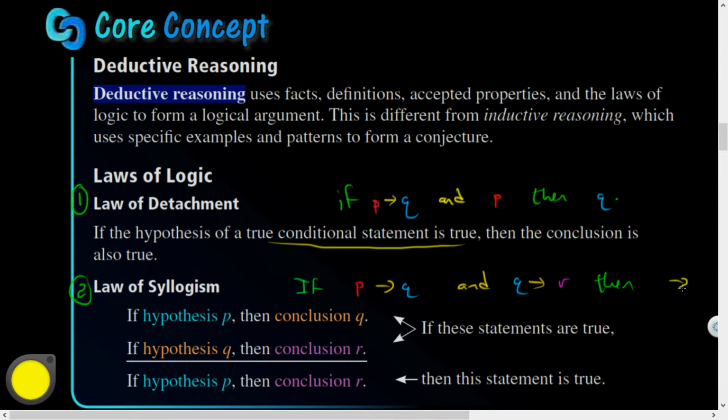Then P is going to imply R. Does that mean R is true? Not necessarily. All right, notice I've got two things that are true, and I call this like the transitive property of logic.